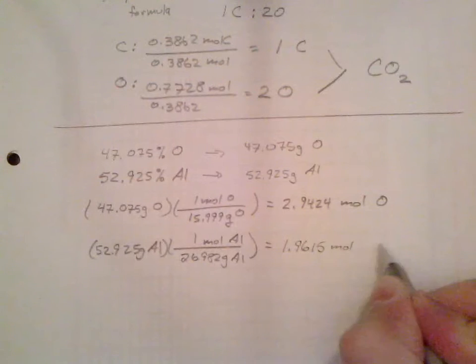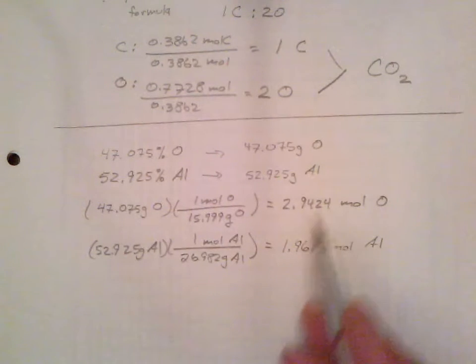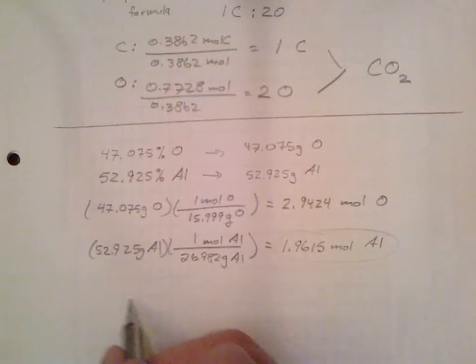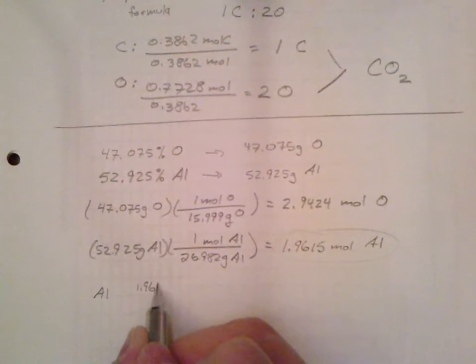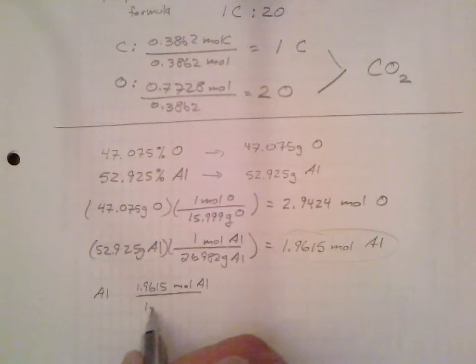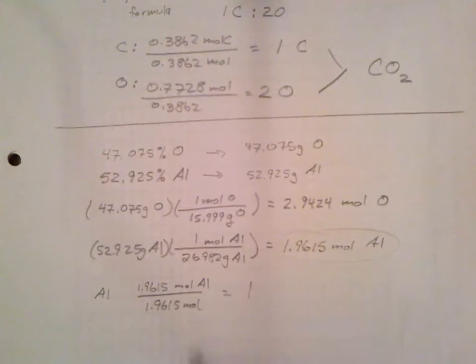Now, as we did above, we'll divide both of these mole numbers by the smaller one, which in this case is 1.9615. So the aluminum, 1.9615 moles of aluminum divided by 1.9615 moles equals 1.